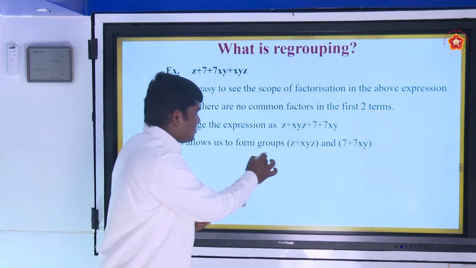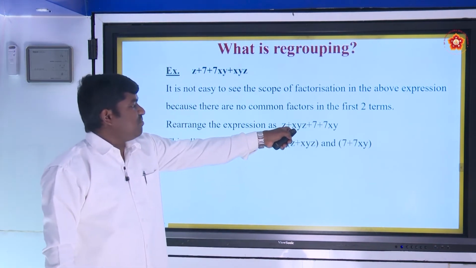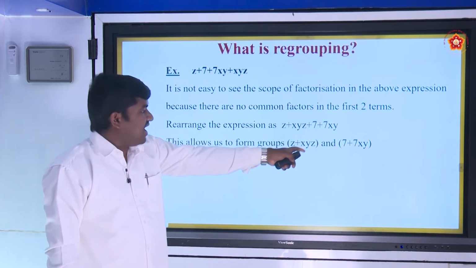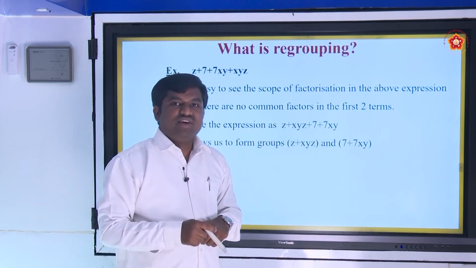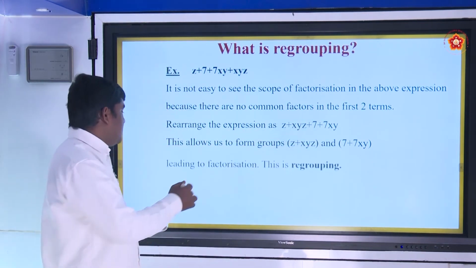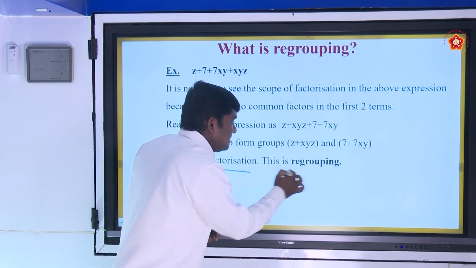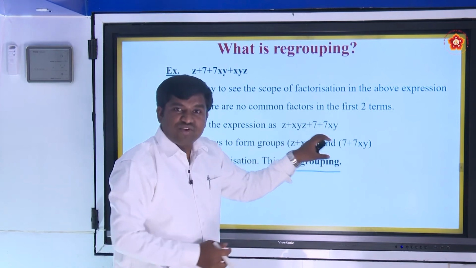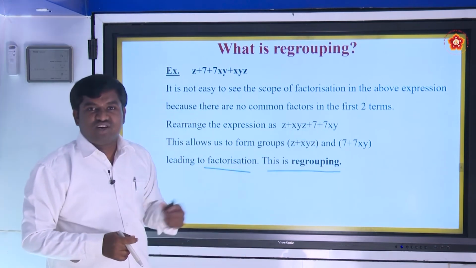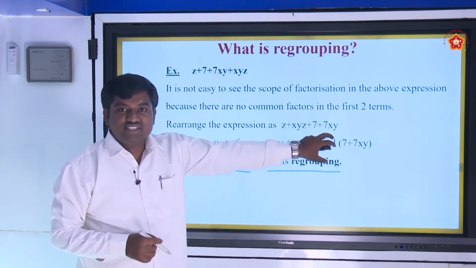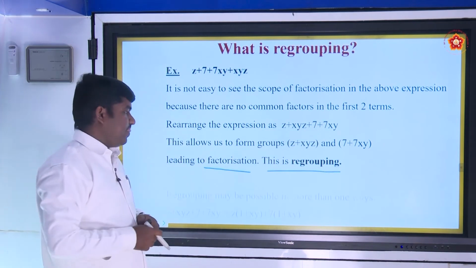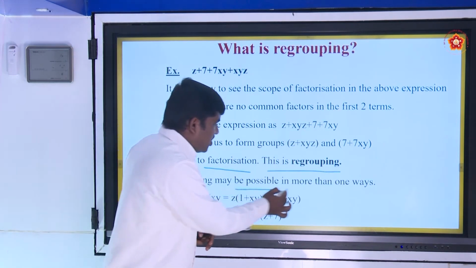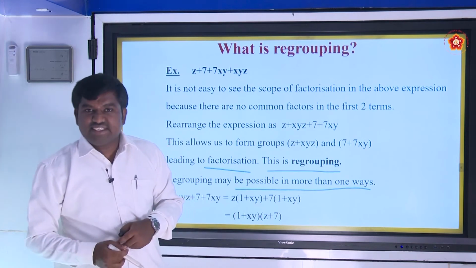This allows us to form groups z plus xyz and 7 plus 7xy, leading to factorization. This is called regrouping. So this way of regrouping leads us to factorization. Regrouping may be possible in more than one way.